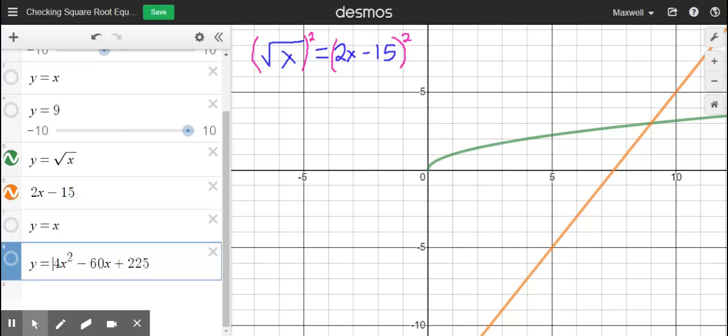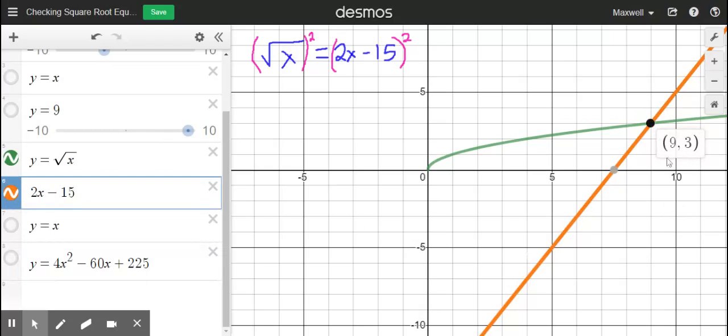And so if we want to see where they intersect, our original equations only intersect at x equals 9. So x equals 9 would be the solution to this problem. And we can check that answer by doing 2 times 9 is 18, minus 15 equals 3. The square root of 9 also equals 3, so x equals 9 works.